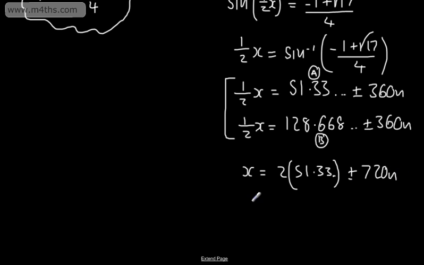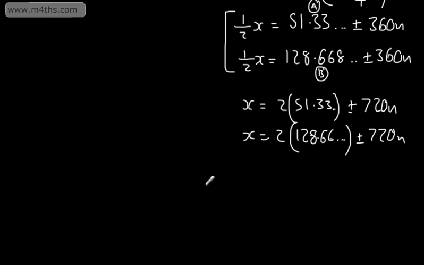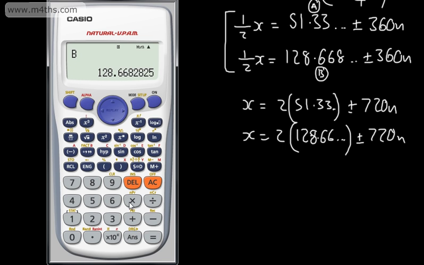And then for this one, x is going to be equal to 2 lots of 128.66 and so on, plus or minus multiples of 720 as we're multiplying through. So all we're going to get now is the following: 2 times this one, multiply that by 2, and that's the bottom one sorted. I think we were stipulating that these needed to be done to 1 decimal place.